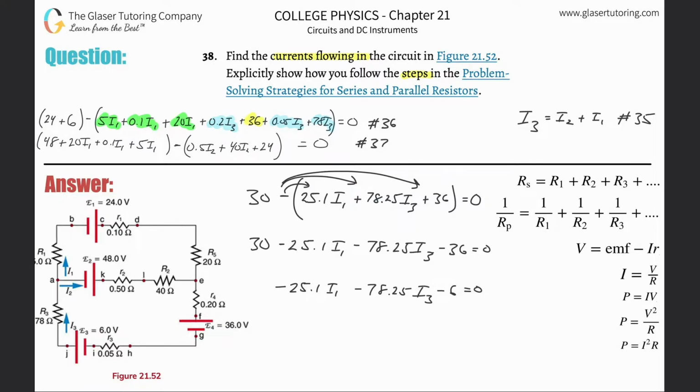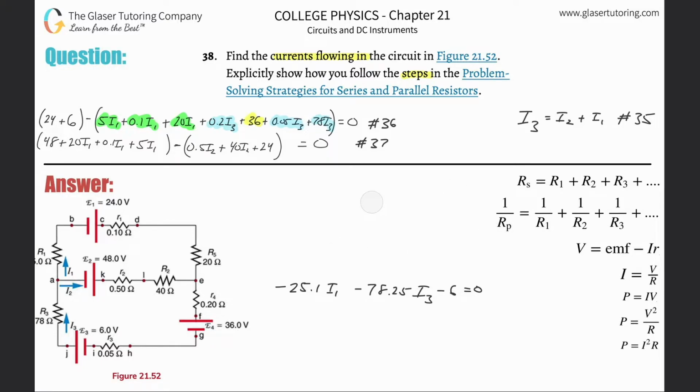Now I'm going to simplify my equation from number 37. So let's do that next. Let's simplify that one, combining some like terms. We have all i1s in here, so we're going to combine these i1s: 20i1, 0.1i1, 5i1.